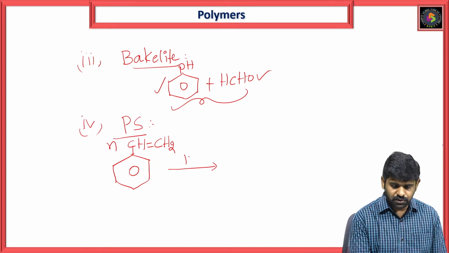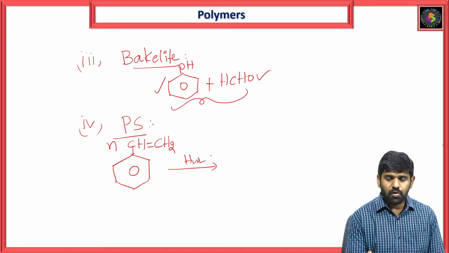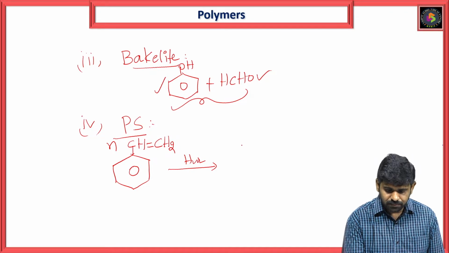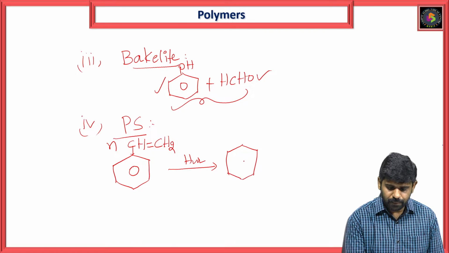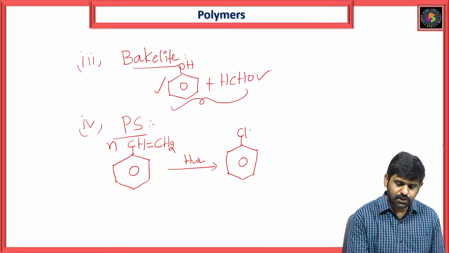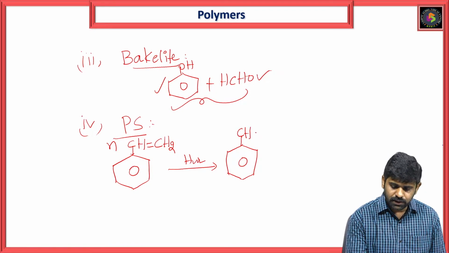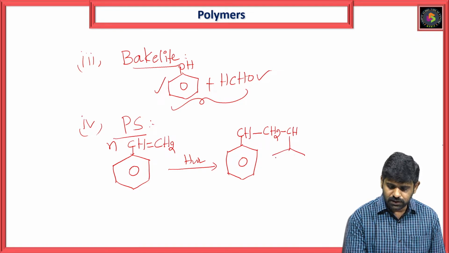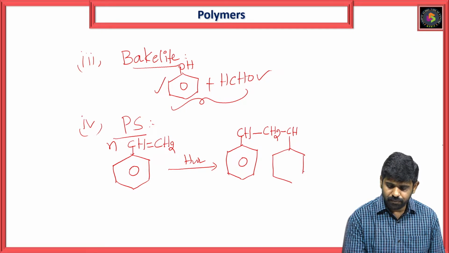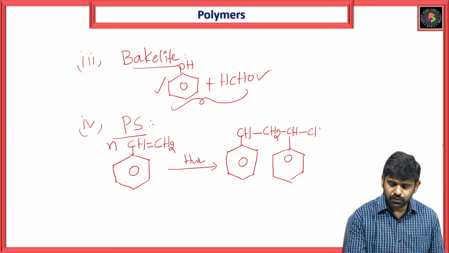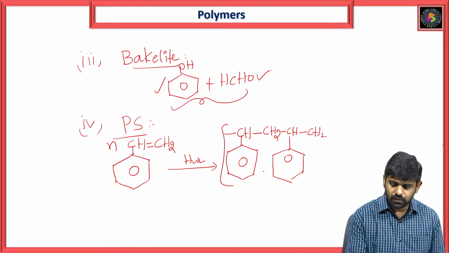In presence of H2O2 it gives polystyrene, that is C6H5-CH, instead of double bond, single bond CH2. Next CH, C6H5, CH2, and so on.